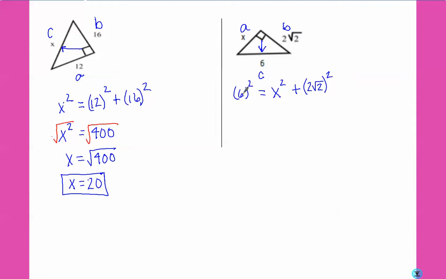Now many of you probably know that 6 squared is 36, equals x squared plus, now I'm sure most of you don't know the square of 2 square roots of 2. Technically what we do is we square the 2, which would be 4, and we square the square root of 2, which would give us 2. 4 times 2 is 8.